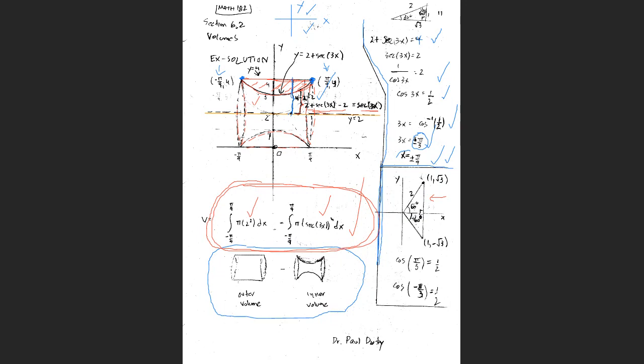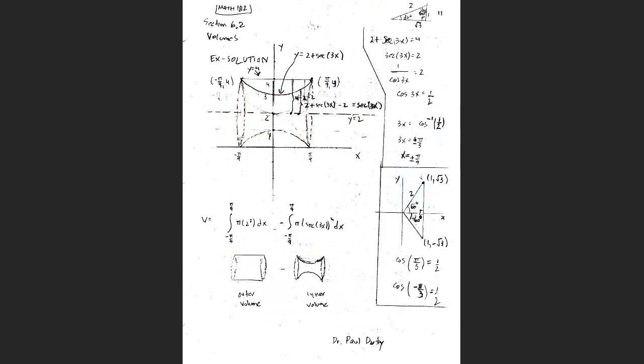Oh, well, it has to do with this. Here, you see how I go from here to here? See me highlighting that? Why is the arc cosine of a half equal to plus or minus pi over 3?